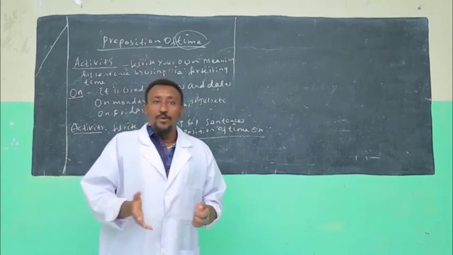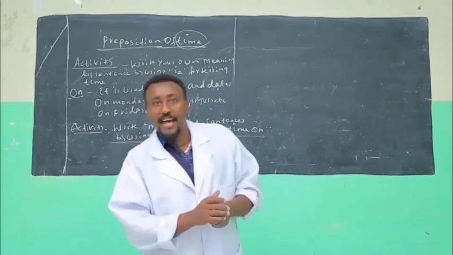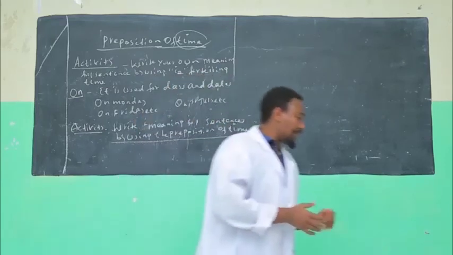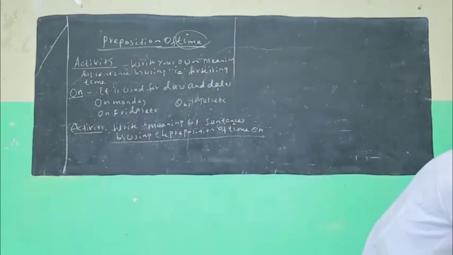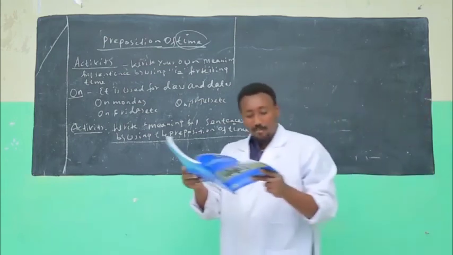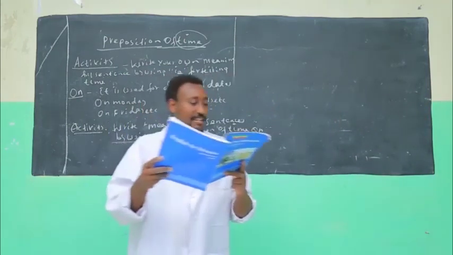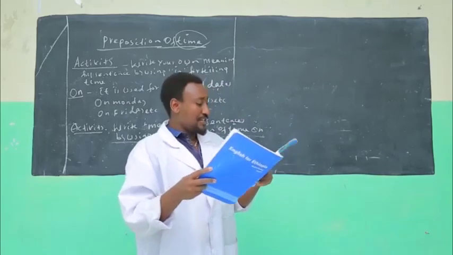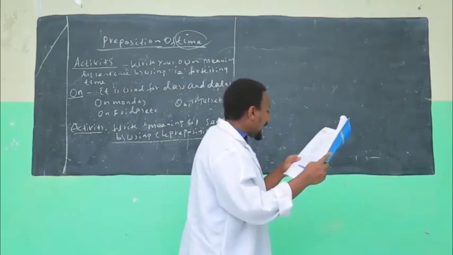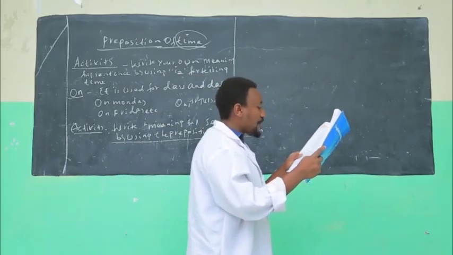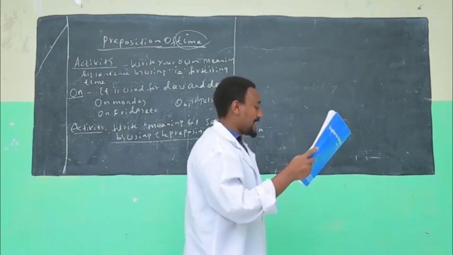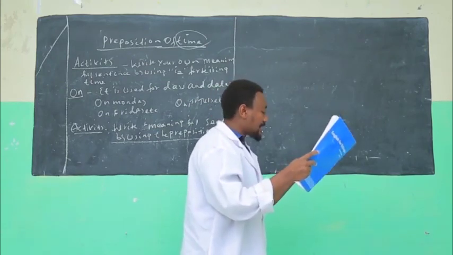For the coming lesson, we will meet to talk about another topic. And I want to give you the activity on page 6. There is a grammar lesson which says to write on, in, or at in the gaps to complete the text. It says to write the answers in your exercise book.